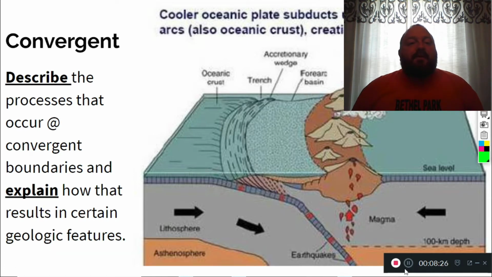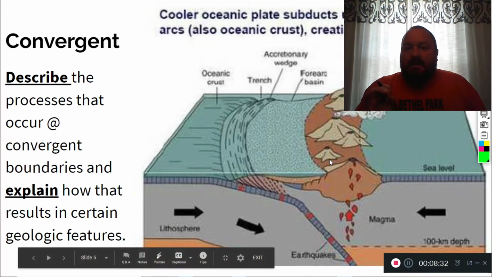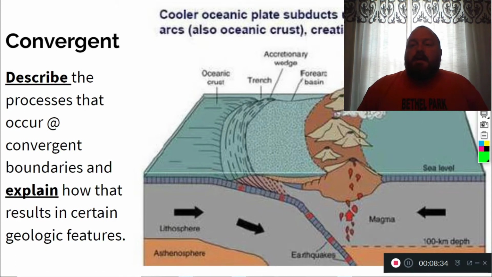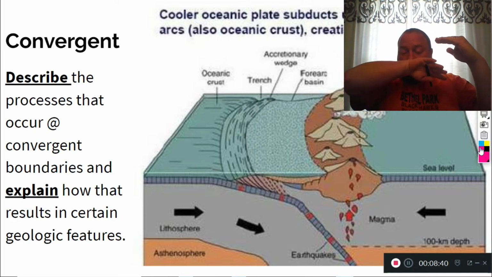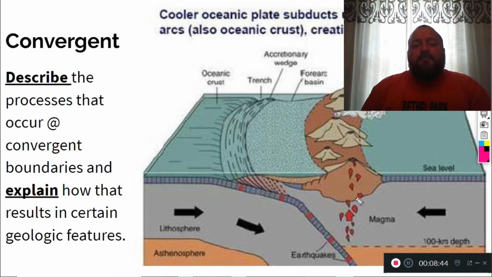All right, coming back. Hopefully you described your processes as a subduction zone is going to occur. And that's a key vocabulary part. You need to note that with convergence, it's the two plates trying to come into contact with one another. But when we have an oceanic and a continental convergence occurring, the more dense plate slides underneath the less dense plate.